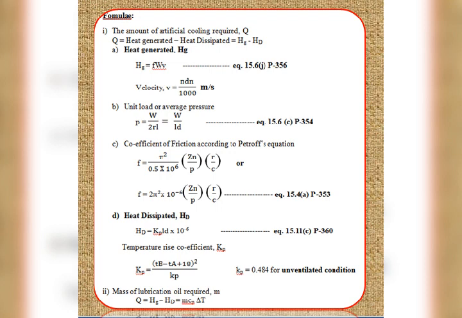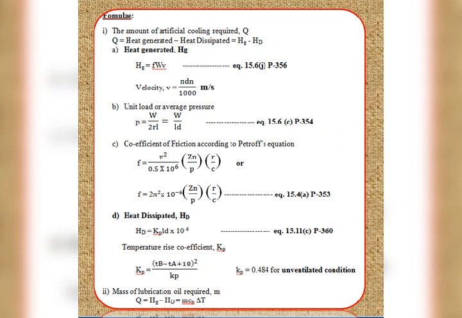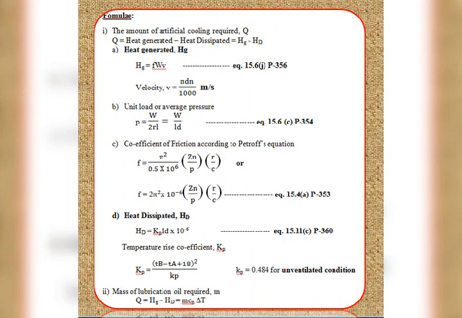So the amount of artificial cooling required Q is equal to heat generated minus heat dissipated, that is Hg minus Hd, where heat generated H suffix G can be evaluated by using the equation 15.6 J, page number 356, and the equation is Hg is equal to F into W into V. And very next, one more equation he has given. Velocity V is equal to pi d n by 1000.